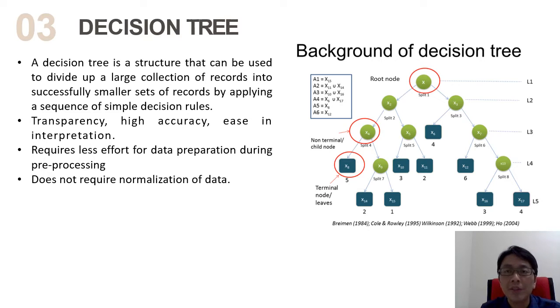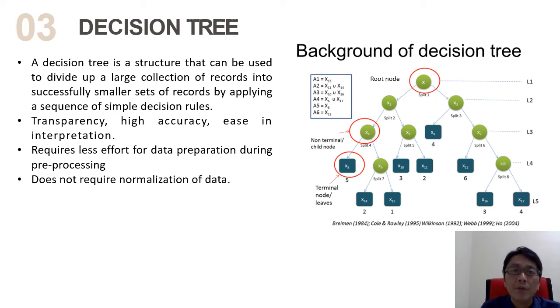The structure can be referred to on the right hand side. On top here is called the root node, followed by the subsequent nodes, which are called non-terminal nodes or child nodes. The end nodes here are also called the leaf or terminal nodes.